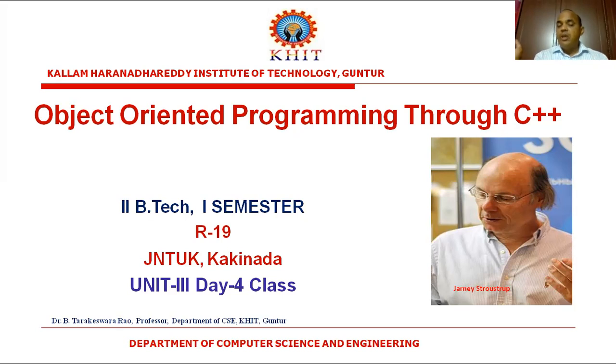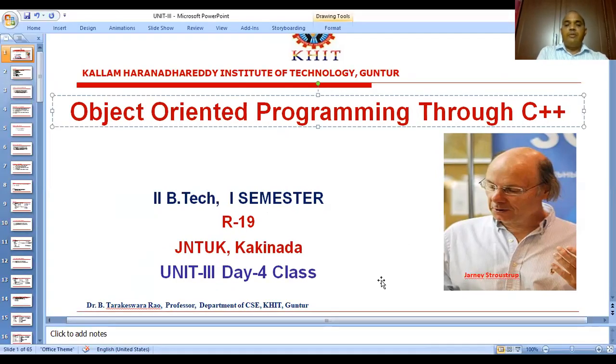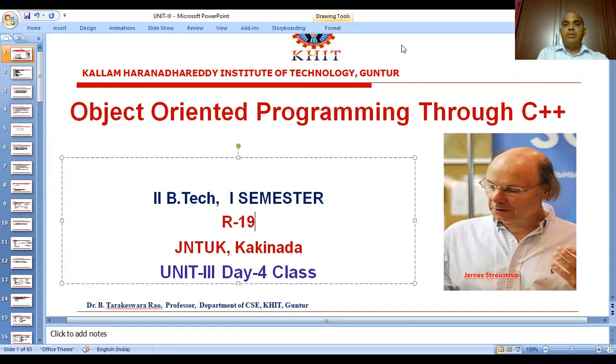Clear, all of you? Similarly, in classes, if we want to access private or protected members from outside of the class, then there is a possibility using friend functions. Friend is a keyword. Clear, all of you? Friend is a keyword.